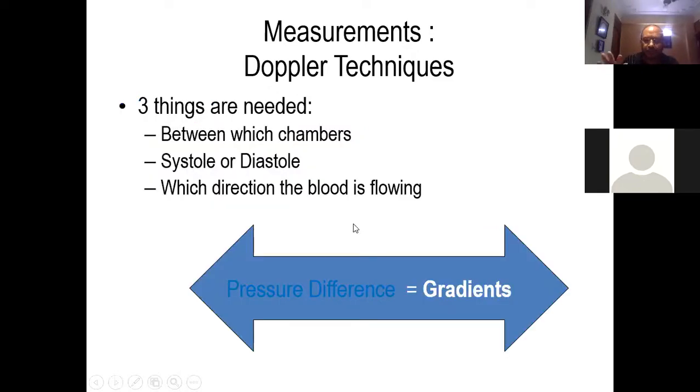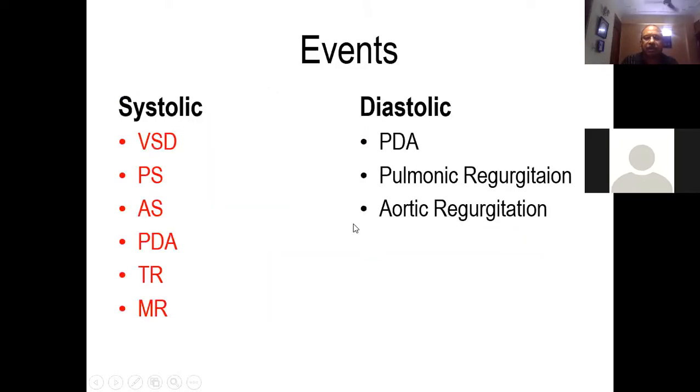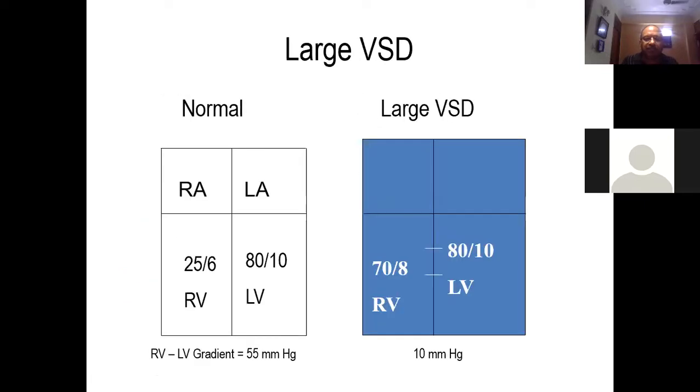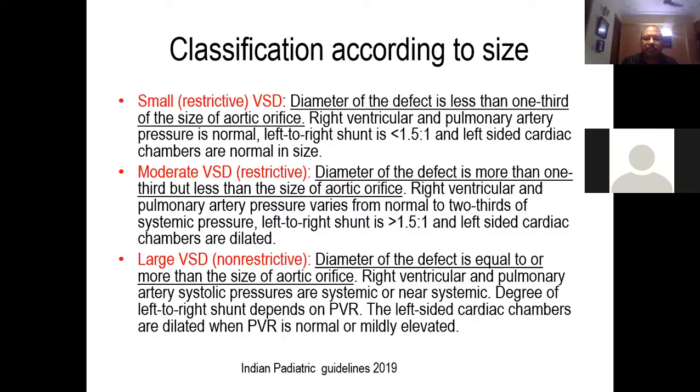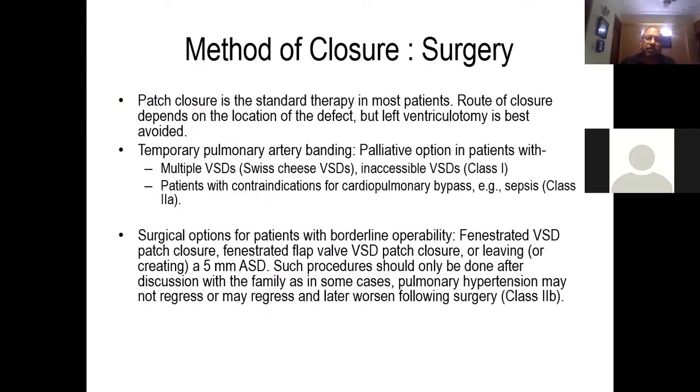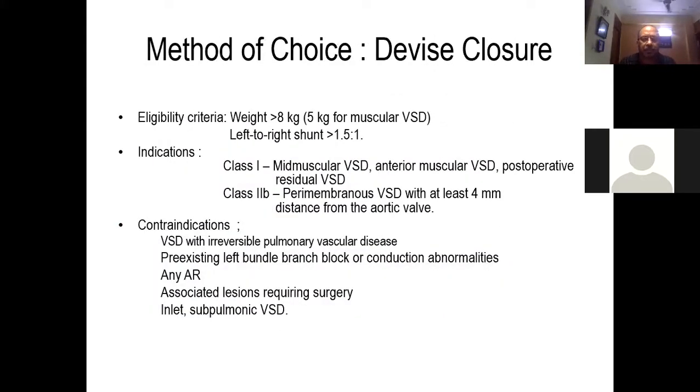At your level, I'm going to stop at this point because I'm not going to talk more on this particular phenomenon. Large versus small or moderate, when to close, when not to close, that's not your parameter. But only one thing I'd like to say at this moment is that these VSDs become smaller in size as the child grows.